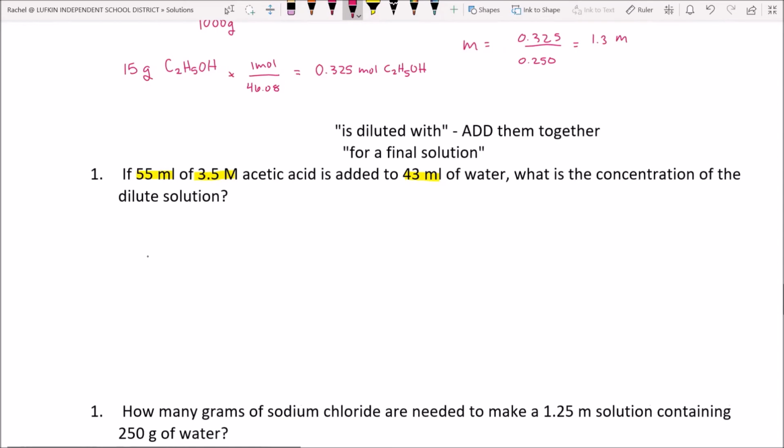So our M1 is 3.5. What's our V1? That would be our V2. You were close. Our V1 is going to be 55, because it says 55 of 3.5. So these two are together. This is our V1 and our M1. And so let's talk about M2. What's our M2?